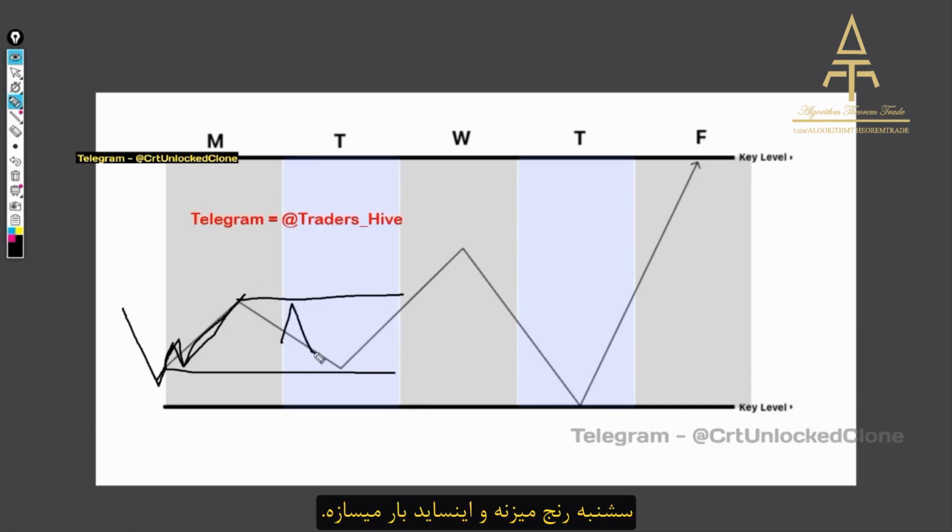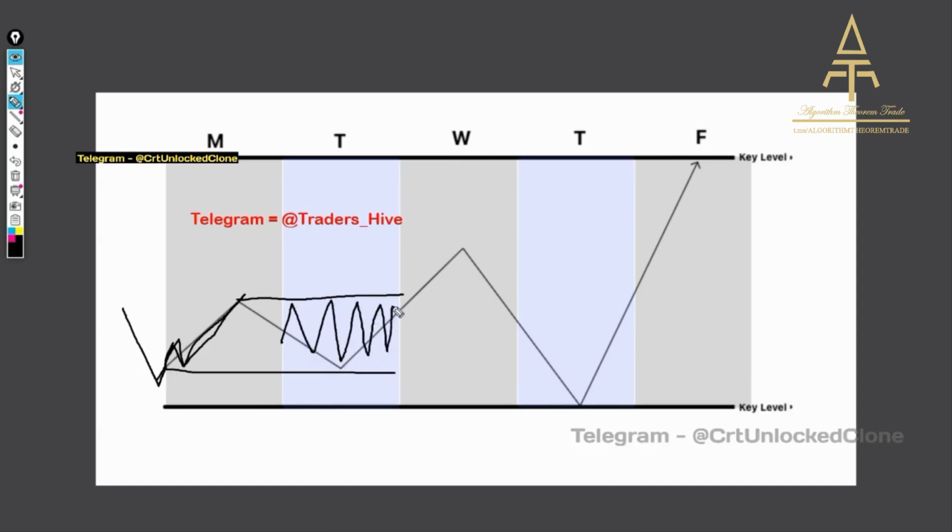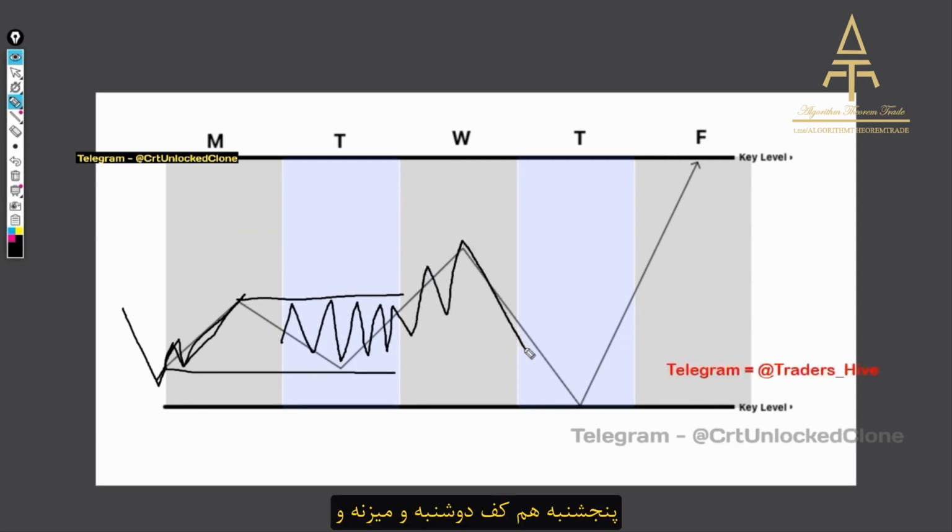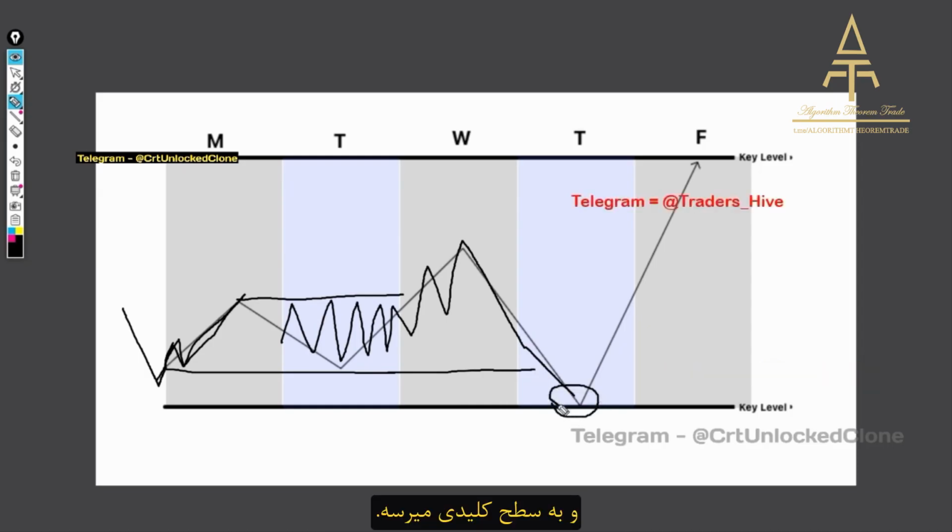Tuesday forms an inside bar. Tuesday ranges. Wednesday takes out Monday's range high and starts to head lower. Thursday expands towards Monday's low, CRT low, and hits a key level. And then Thursday starts to expand upwards, and Friday expands towards the drawn liquidity of the week.